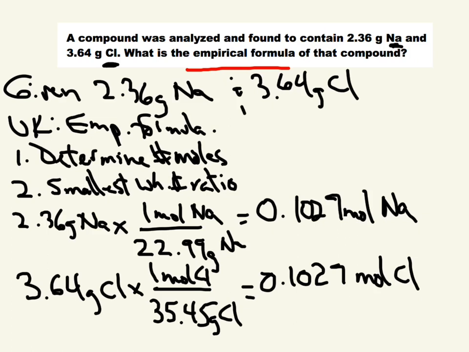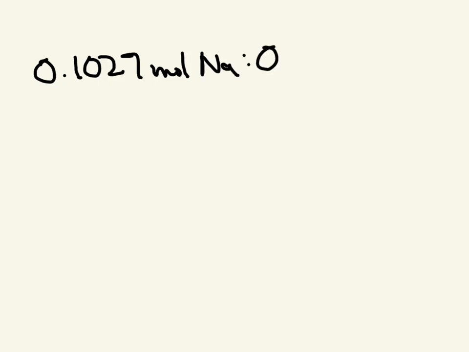And what you notice here is we have to then find that smallest whole number ratio. Well, we're really lucky here, because what you would normally do is find the smallest number of moles and divide that into the rest of the values to find that ratio. But we're really fortunate here. We have 0.1027 mole of sodium to 0.1027 mole of chlorine.